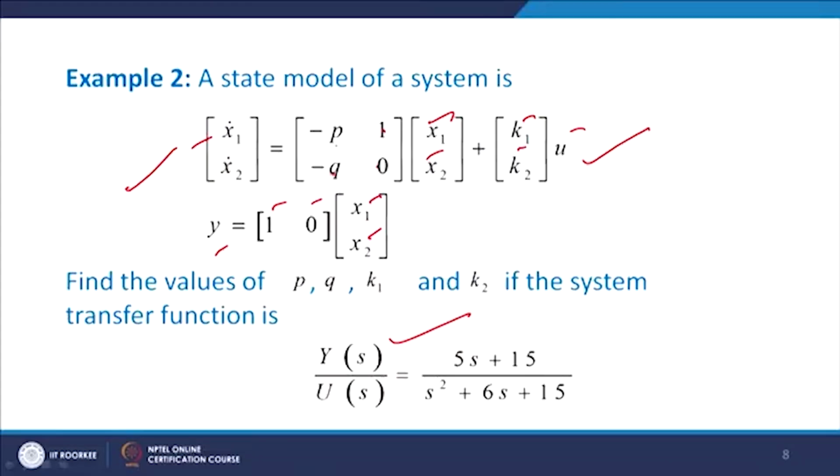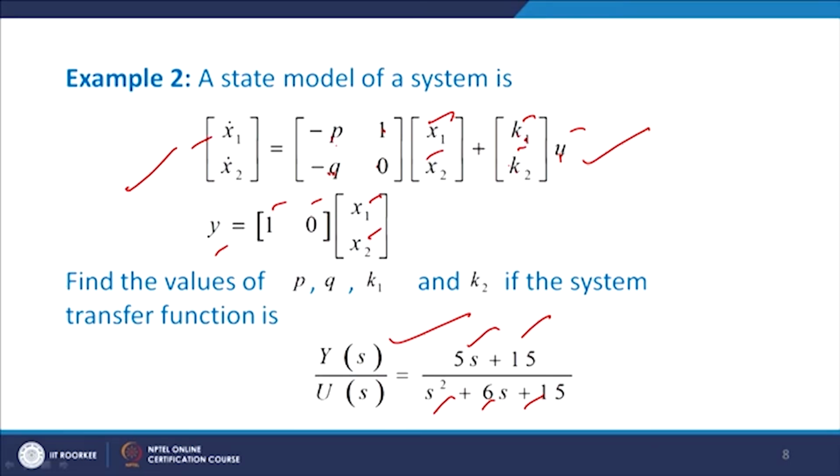So, in this example the unknowns are p, q, k1 and k2, and the transfer function model Y(s) by U(s) is given as (5s plus 15) divided by (s square plus 6s plus 15). So, using these two parts we have to determine p, q, k1 and k2.